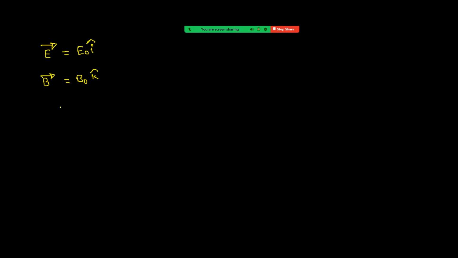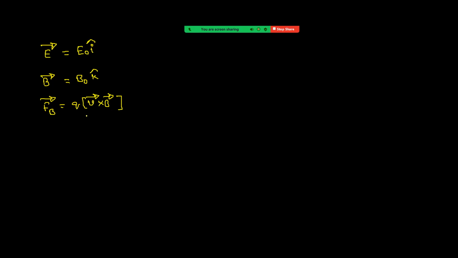If we assume initially the ions were at rest, because of the magnetic field, no force acts on them, right? Because magnetic force is F bar equal to q into V bar cross B bar.